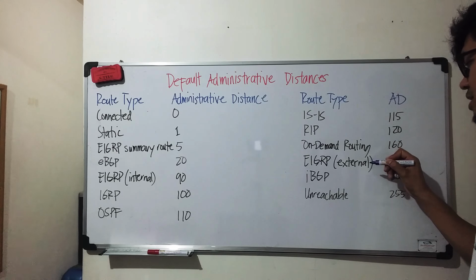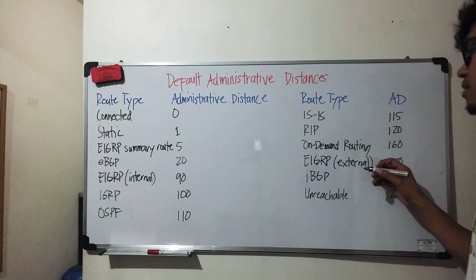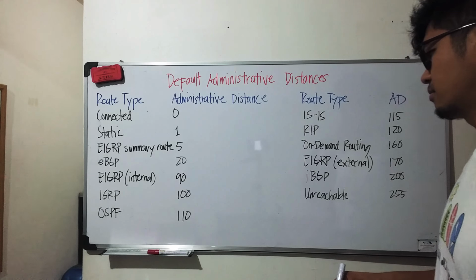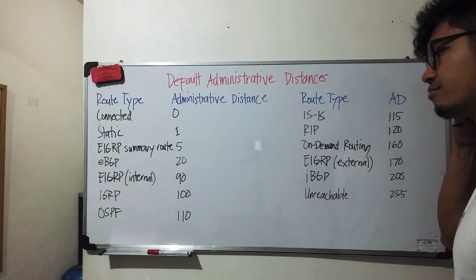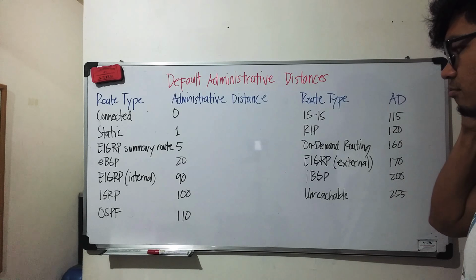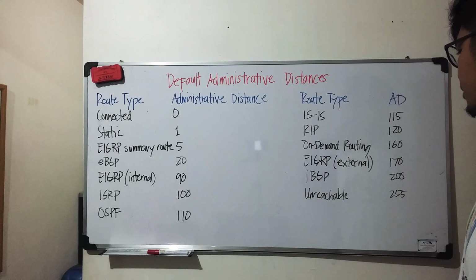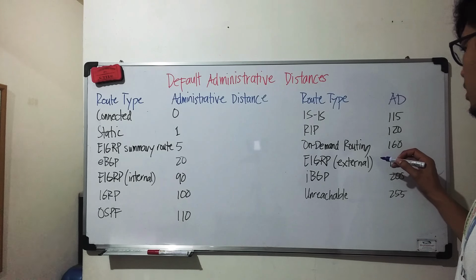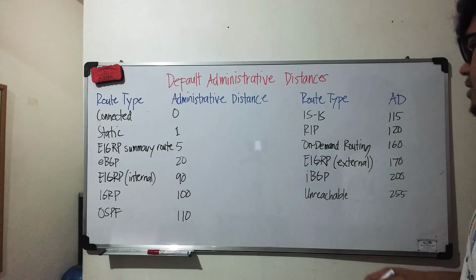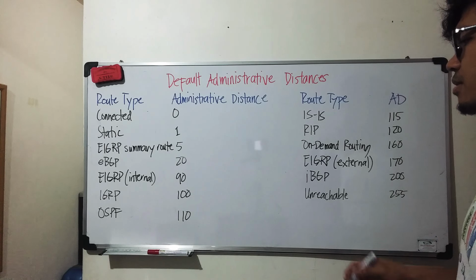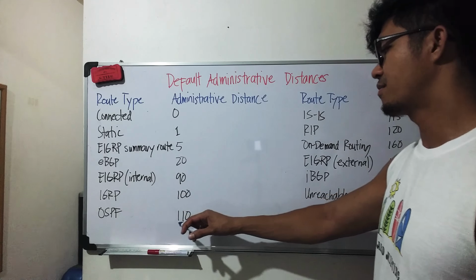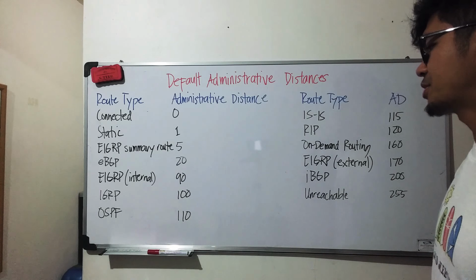And EIGRP external. I feel like there's something missing here, the external OSPF route, but I'm going to double check that.